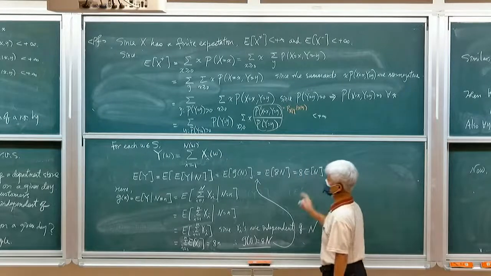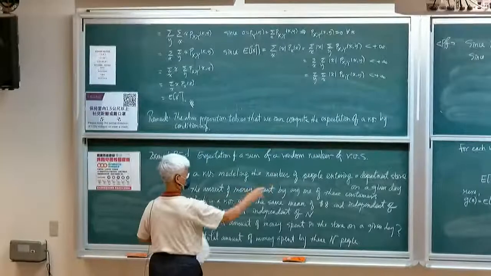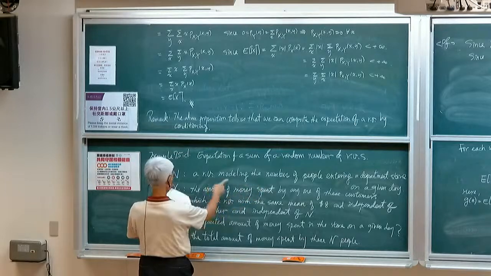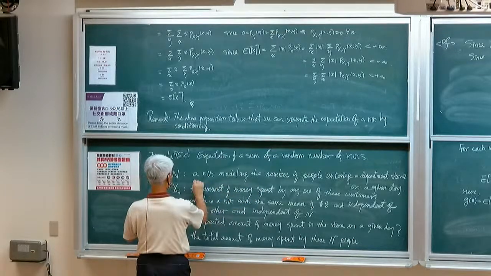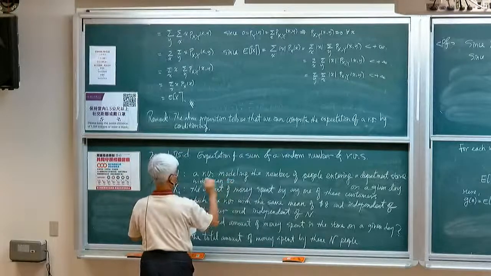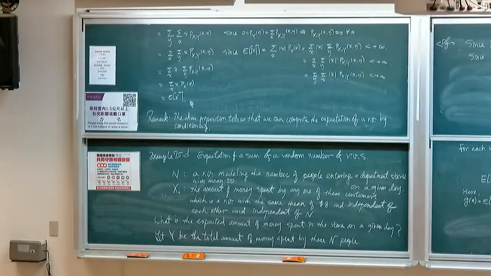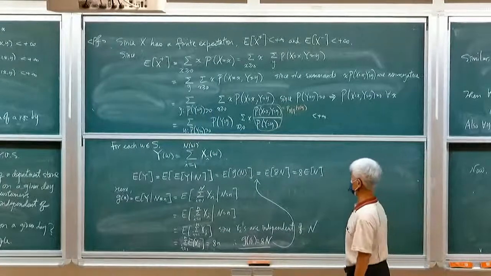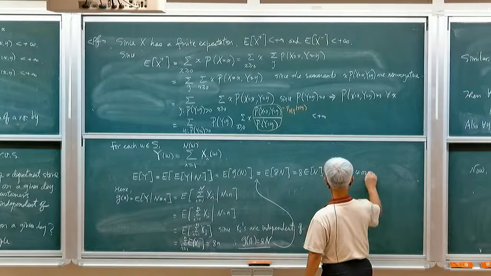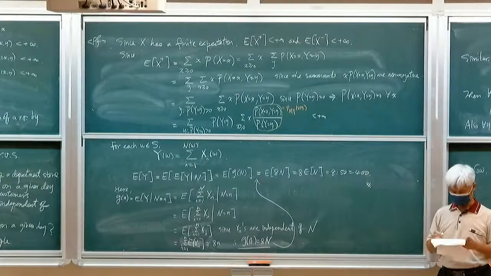So this is 8N, and I forgot to say that N is a random variable, right, with mean 50. So the mean of the number of customers entering the store is 50. So 8 times 50 is 400. Okay. So $400.